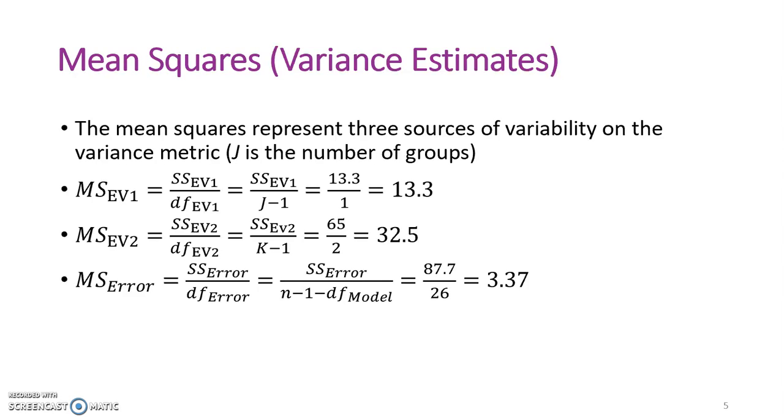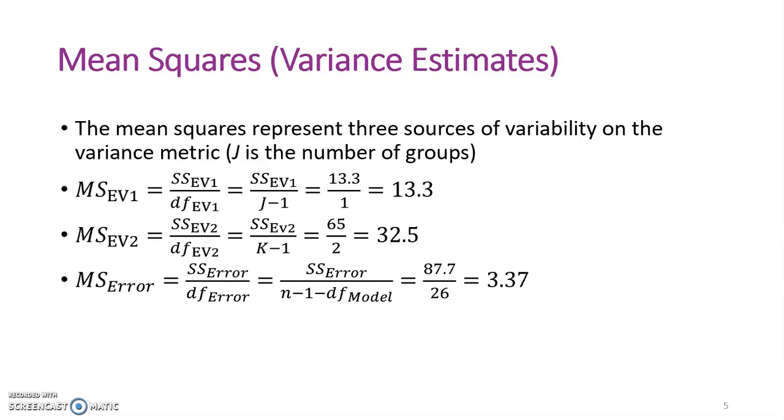The degrees of freedom for the first predictor is the number of groups minus 1, and for the second predictor it is the number of groups on that predictor minus 1. So for gender, the degrees of freedom is 1 because there are only 2 groups, so 2 minus 1 is 1. The degrees of freedom for video game condition are 3 minus 1, which is equal to 2.